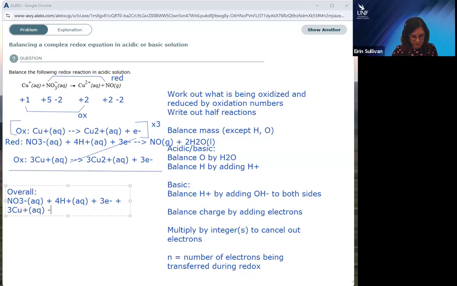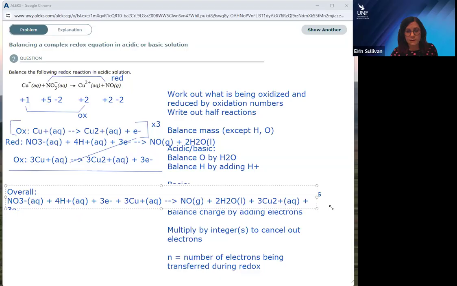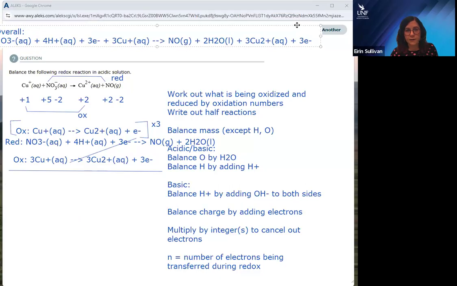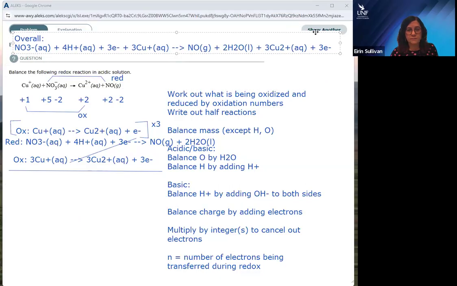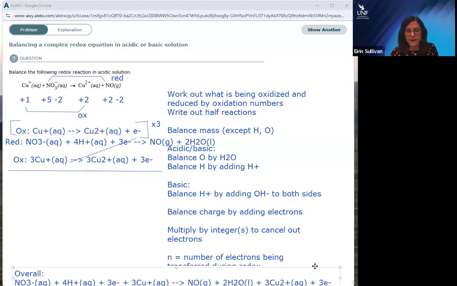And then on the right-hand side, we're going to have NO gas plus 2H2O liquid plus 3 Cu2+ (aq) plus 3 electrons. And like I say, those are the electrons that are going to cancel out with the left-hand side. So this is a very long equation. I'm trying to put it somewhere where you can actually see it. I guess here will do.